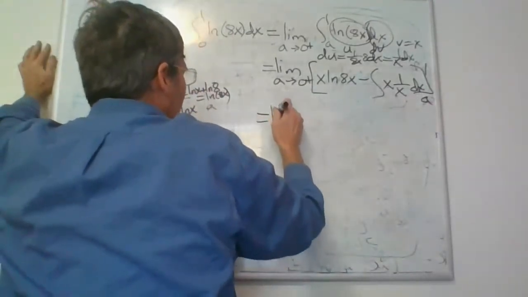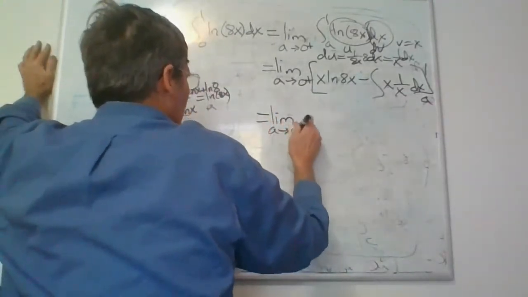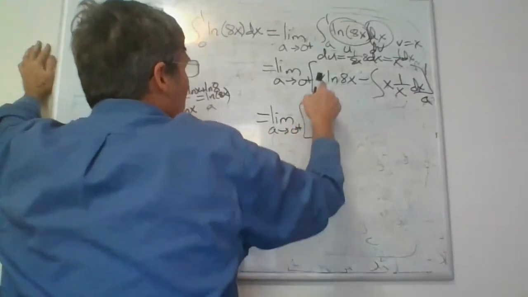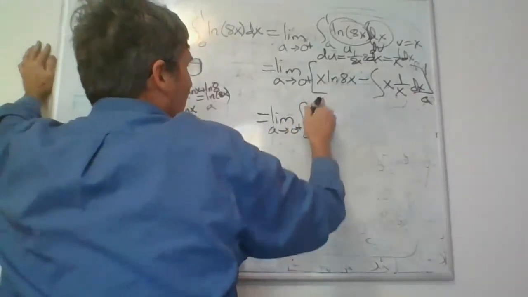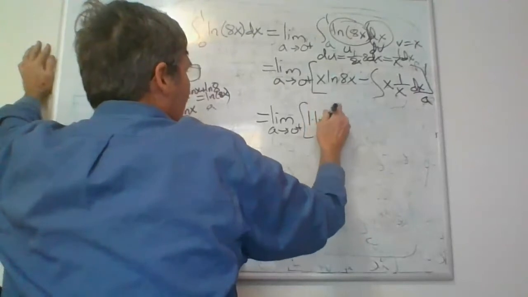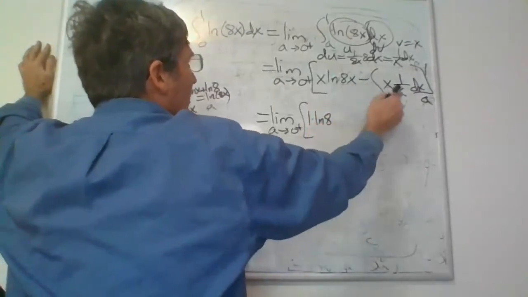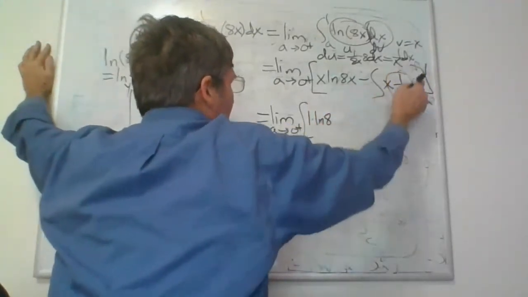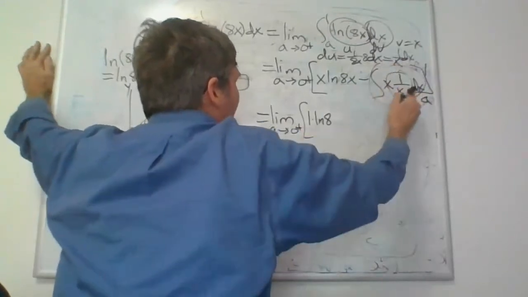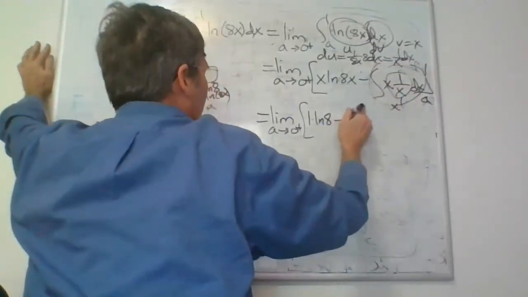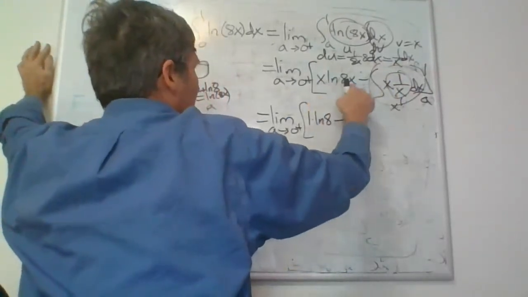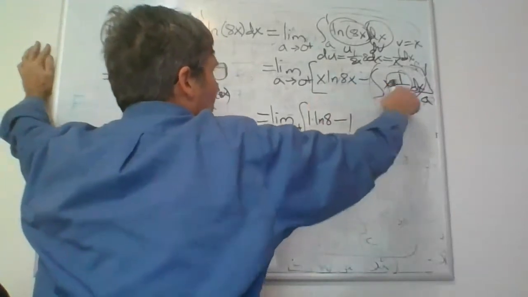Put in the top end, 1 times ln 8, minus, well, this one's just the integral of 1, so it comes out to be x. It's minus 1. So 1 ln 8 minus 1.